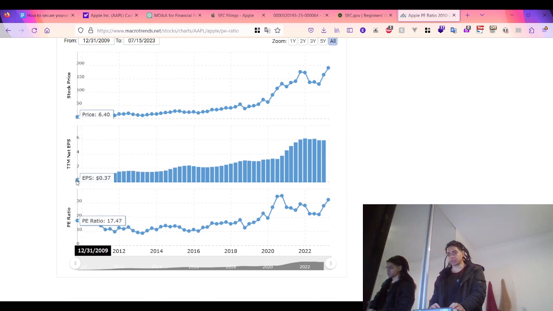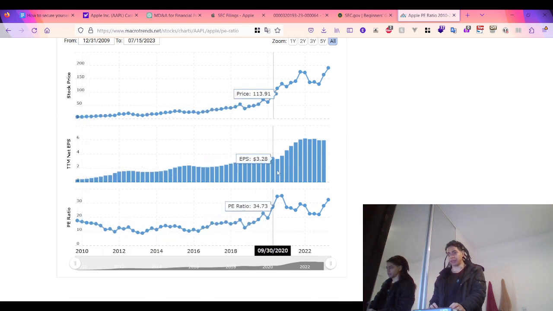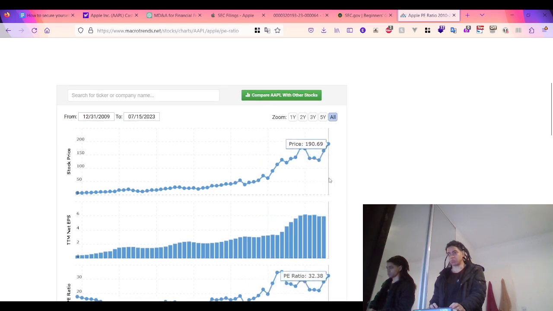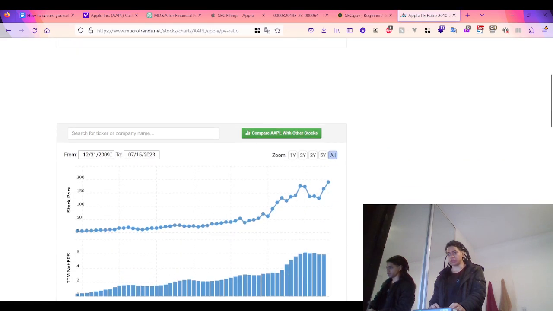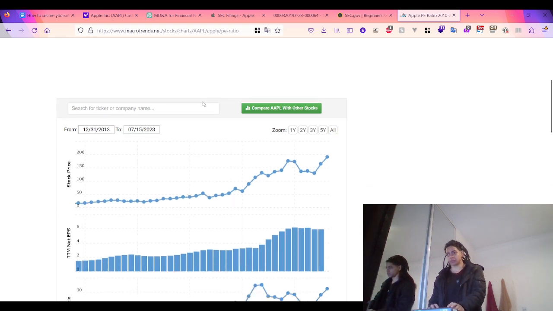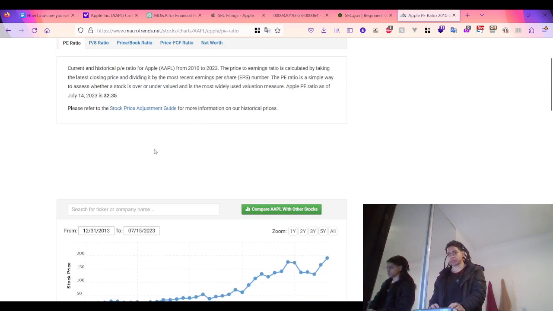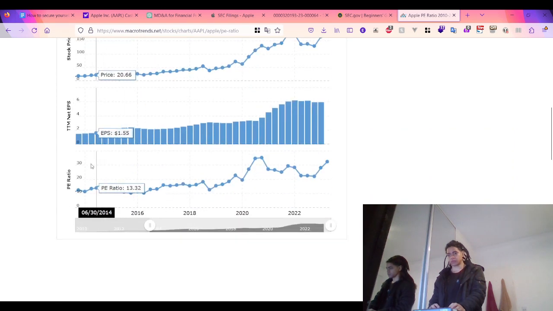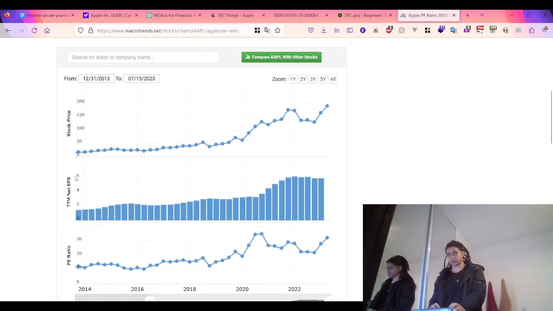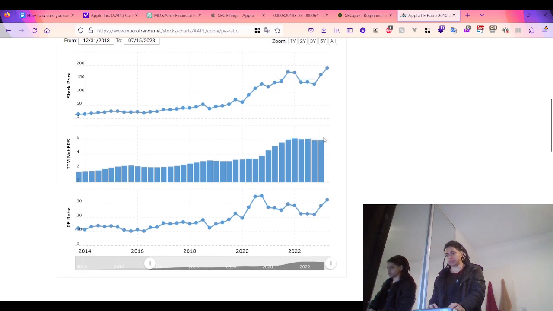Since 2010, in 2013. No, but this is earnings per share, P/E ratio. Exactly.